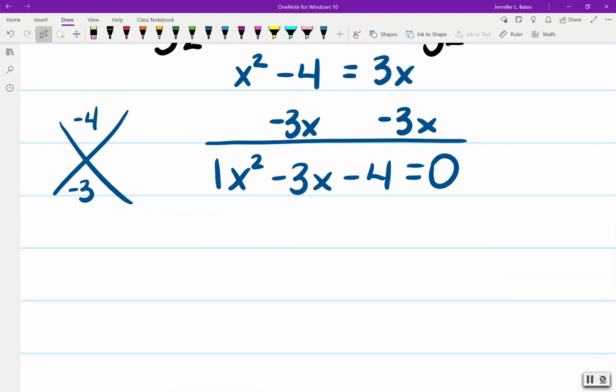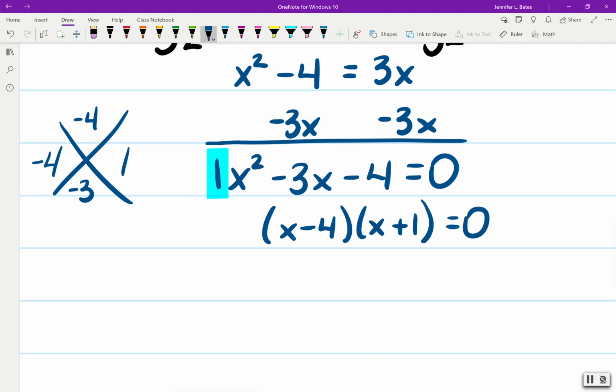Yeah, what do you got? Good. Negative 4 and 1. Do we need to divide our side numbers? No, because we have a 1 out here. I can just say I've got x minus 4 and x plus 1, set equal to 0, which means I need to set each of these equal to 0. So I'm going to come up with x is 4 and x is negative 1.